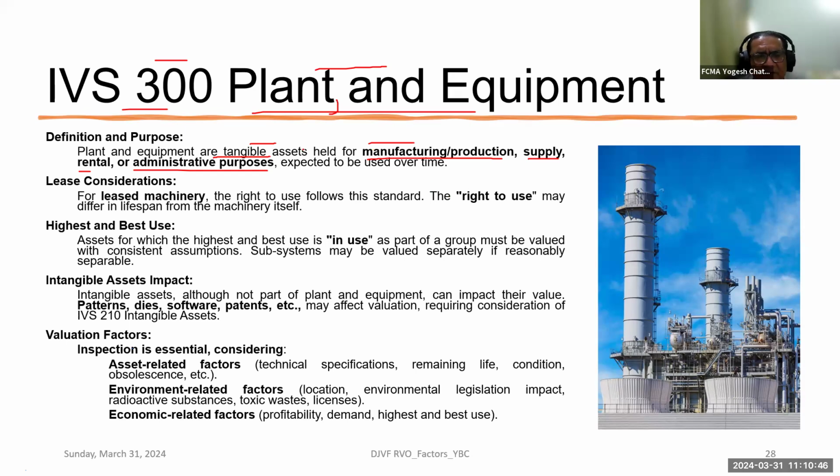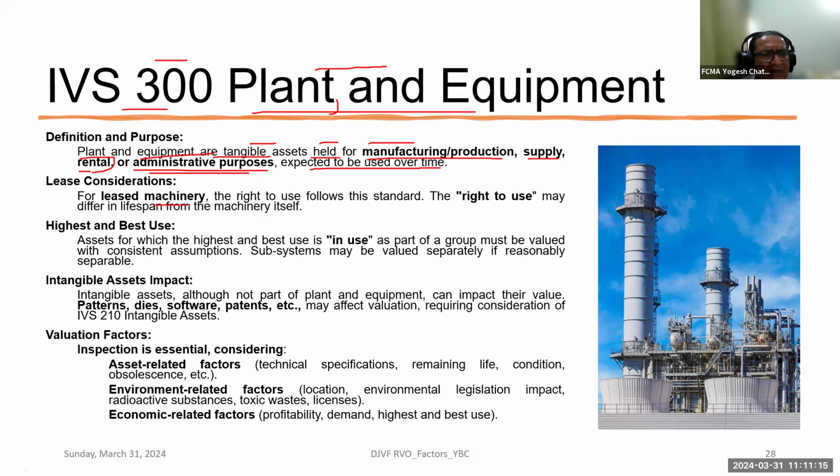So equipment is acquired or held for manufacturing, production, supply. Even in many cases, plants are given on a rental basis, or used in administrative offices. So that is administrative purpose, and that is expected to be used over time, that is, for multiple years.